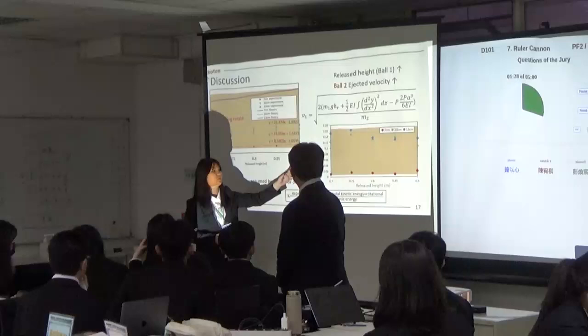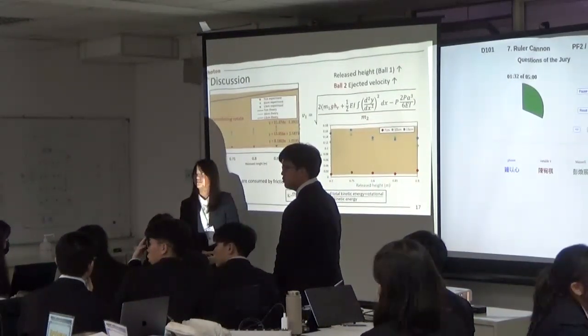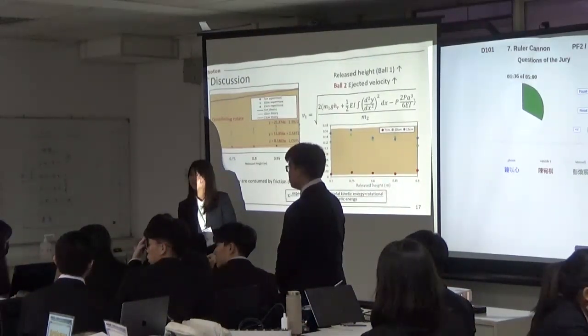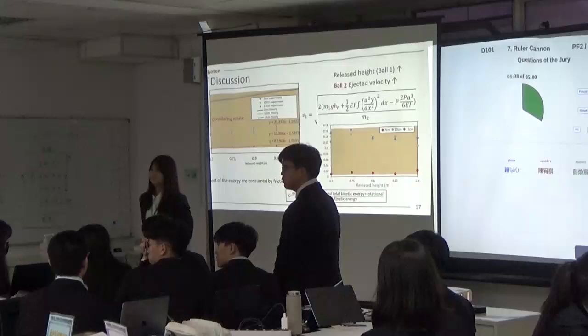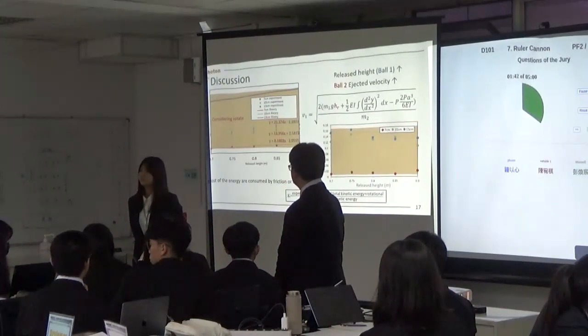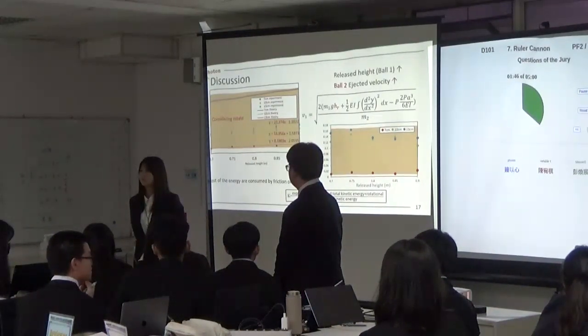We felt that the rotation will affect the energy loss. My question is very simple. You raise four terms, right? I'm asking which one is more important in contributing to your error. I think it is because of the deflection of the ruler.